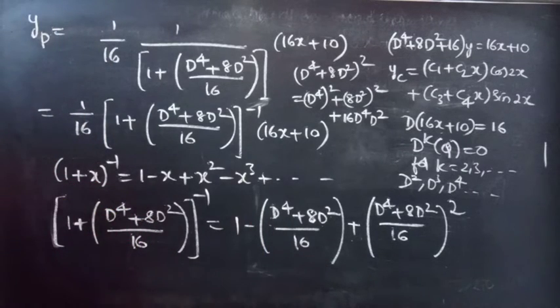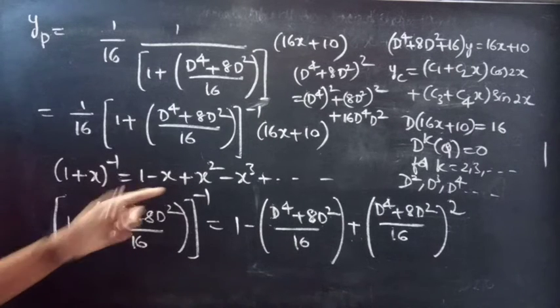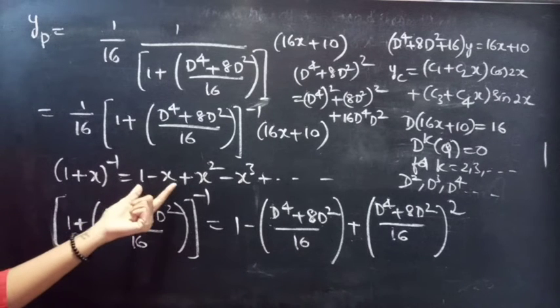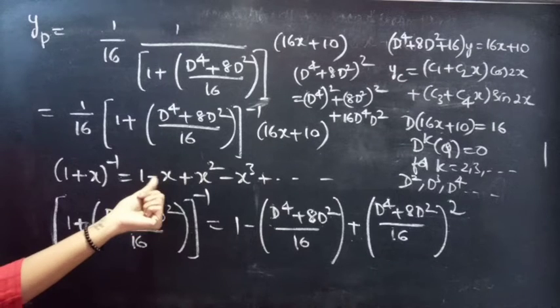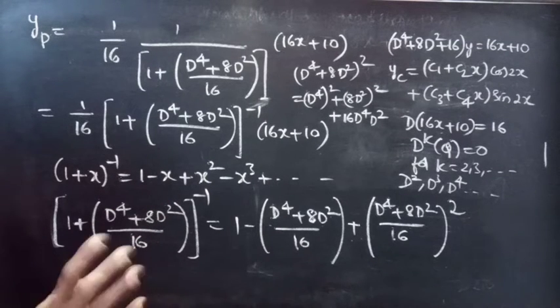But it won't look better. We have to show the application, right? It won't look better. So what we'll do is we'll just take the first two terms, 1 minus x, for our convenience.